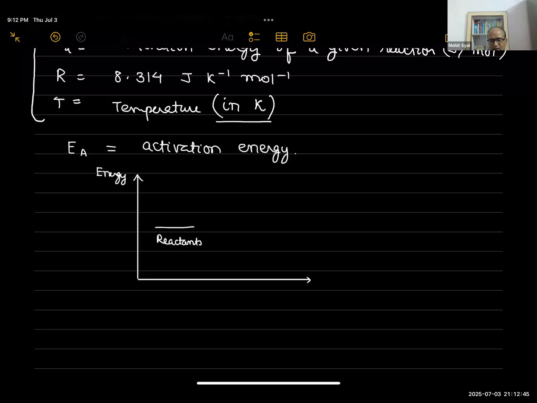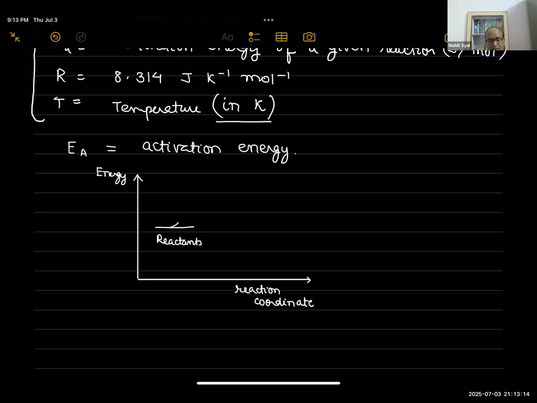This is the progress of reaction, as you move forward, how the reaction proceeds, meaning reaction coordinates. You have reactants, they have certain energy.